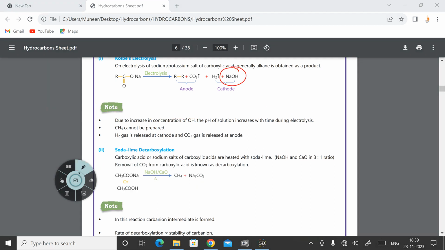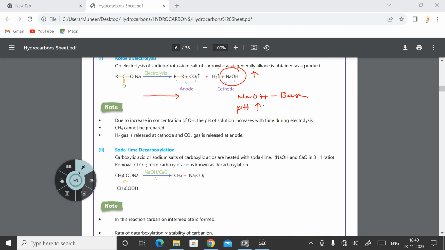As the reaction goes on, the concentration of NaOH increases. NaOH is a base. As the NaOH concentration increases, what happens to the pH value? The pH value also increases.